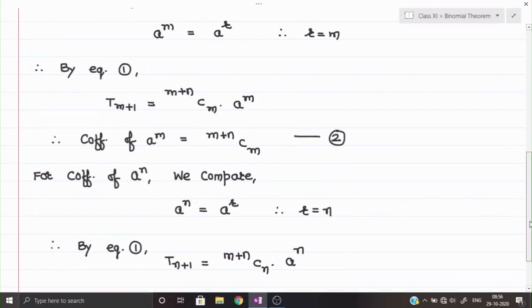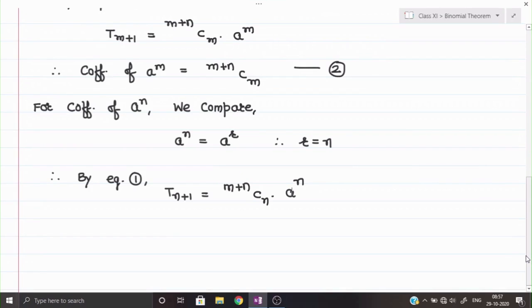Now here if I try to find out the coefficient of a to the power n, so I will write down therefore coefficient of a to the power n is equal to m plus n c n. Now see, coefficient of a to the power n also came, and look at the second equation.